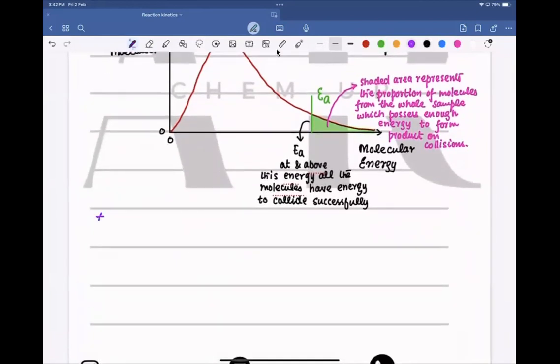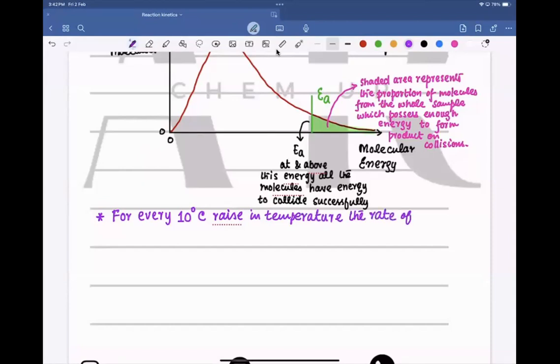Now there is a rule which states that for every 10 degrees Celsius rise in temperature, the rate of reaction actually gets double, approximately, not exactly.